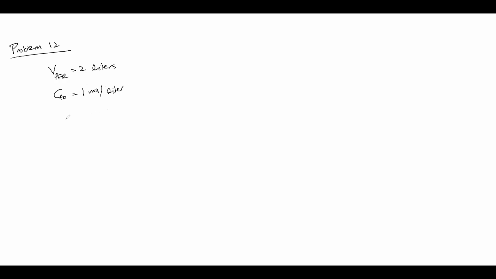I'm given the reaction 2A goes to R, and minus RA is equal to 0.05 Ca squared moles per liter second. You're given a volumetric flow rate of 0.5 liters per minute, and you need to find Ca, the outlet concentration of A.